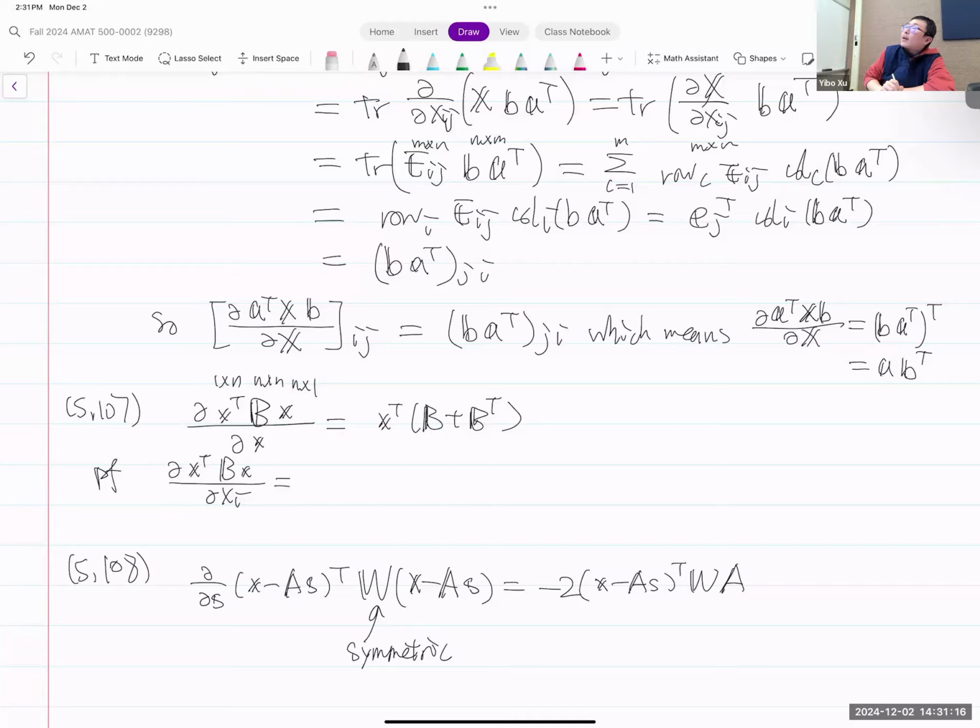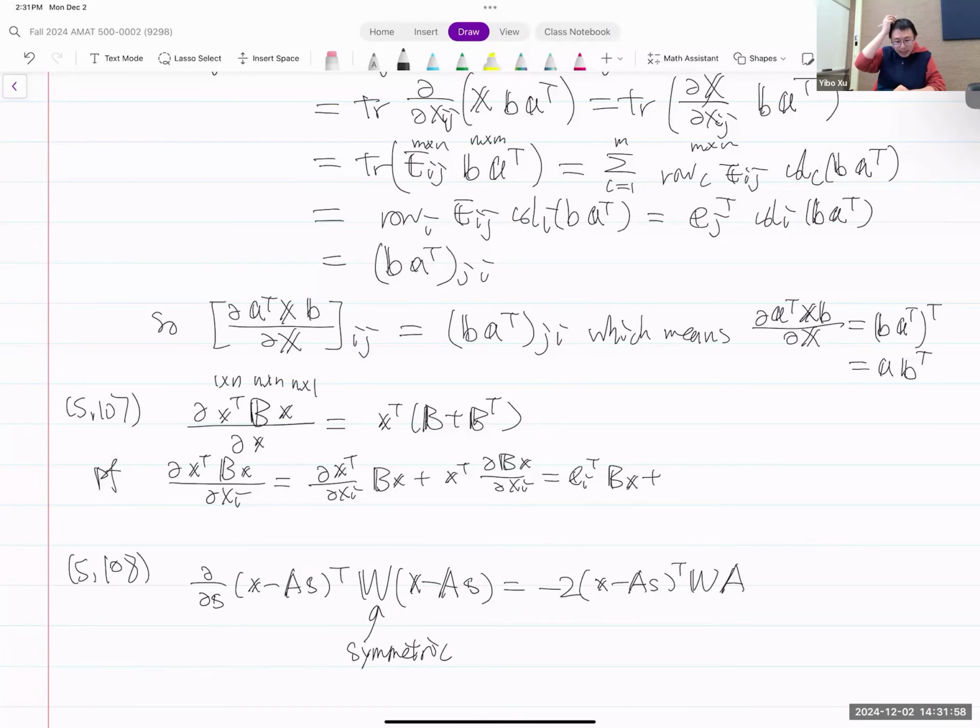So we say, okay, we have x transpose as the first function, bx is the second function. So it's the partial of the first times the second plus the first times the partial of the second. Right? So now what do we have? So x transpose is a row vector. I'm doing the partial with respect to xi. So let's just give you the EI transpose bx.